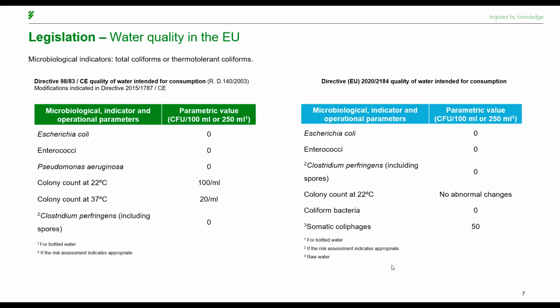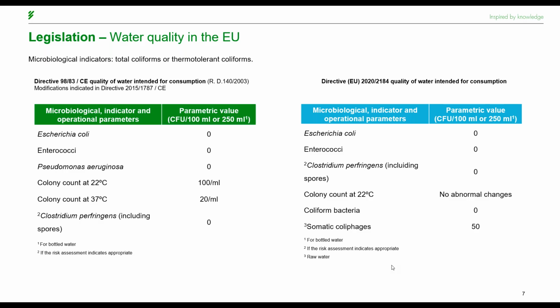This is why the European Union has Directive 98/83 on the quality of water intended for human consumption. At a national level, this has been reflected in Royal Decree 140/2003, in which these microbiological criteria are also established. This legislation was enacted several years ago, so obviously there have been modifications.